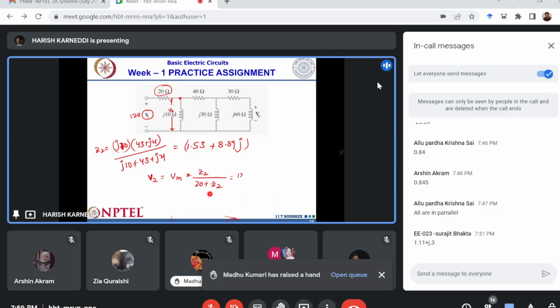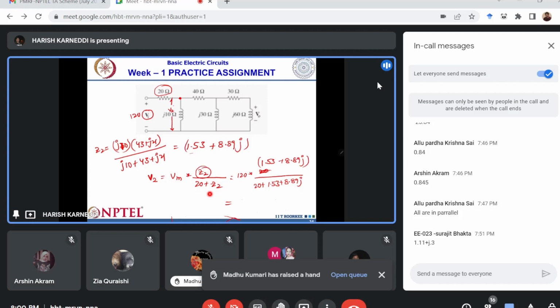That V2 equal to 120 into 20 ohm by 20 plus 1.53 plus 8.89J. Sorry, here it is not 20, it is Z2.